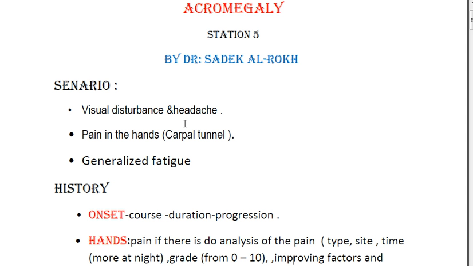So whatever the presentation of the case, visual disturbance and headache, or pain in both hands, or generalized fatigue and daytime somnolence and headache as a presentation of obstructive sleep apnea.